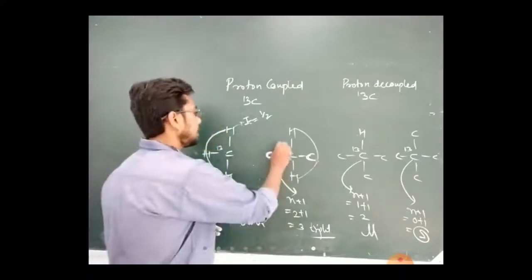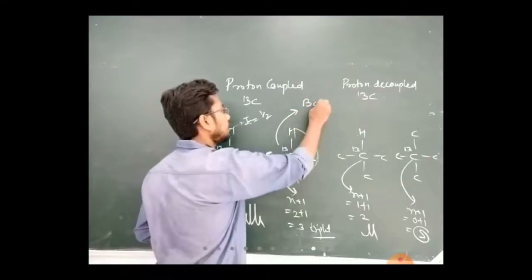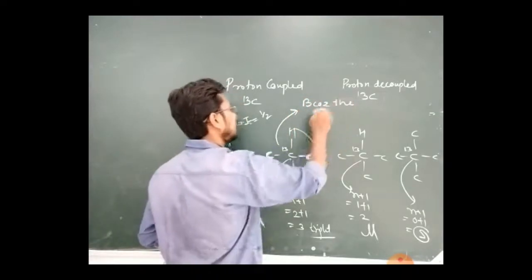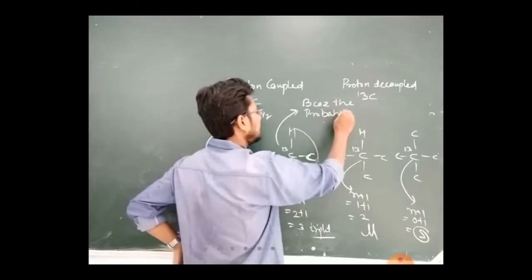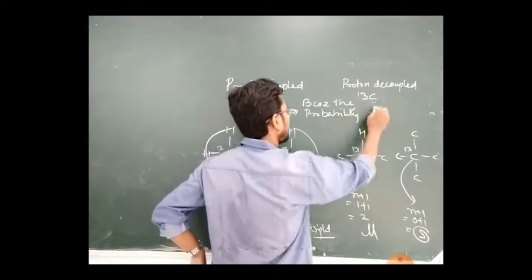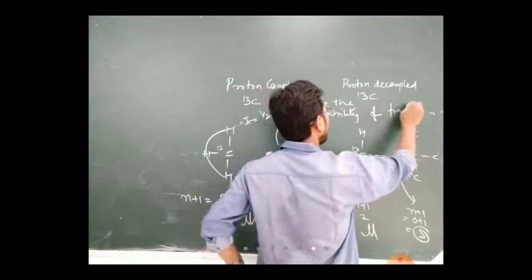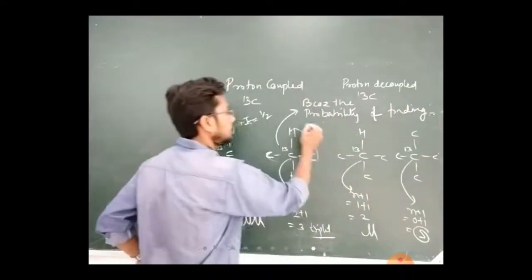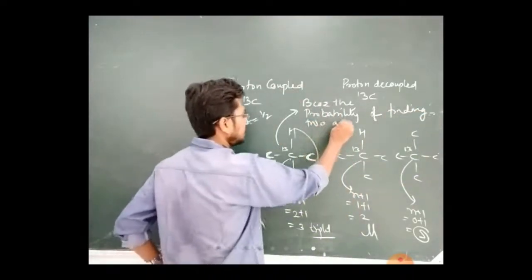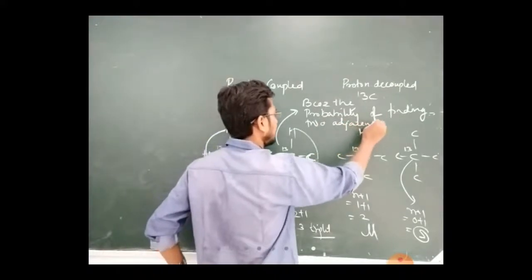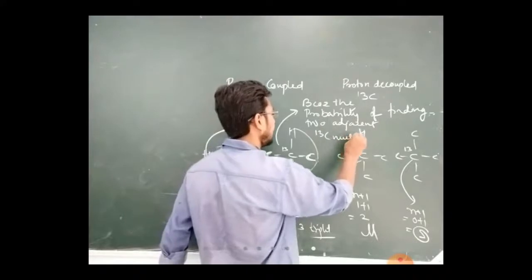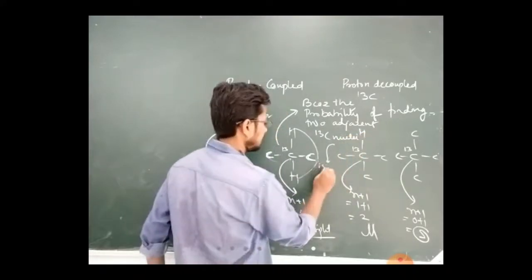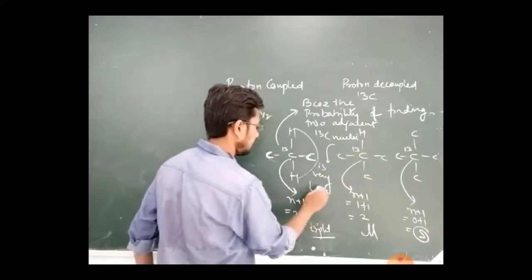Because the probability of finding two adjacent 13C nuclei is very low.